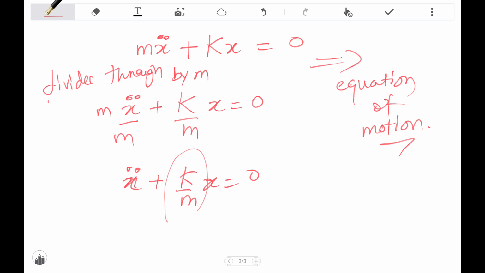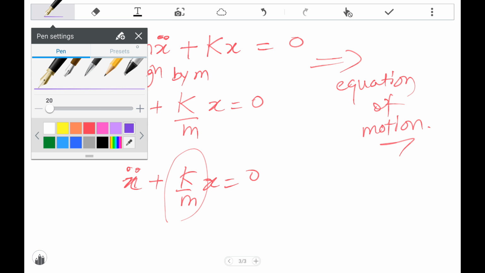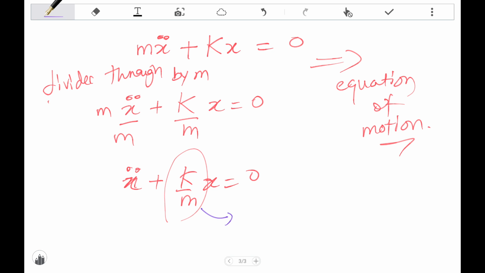So this here, this baby here, k over m, is your angular frequency squared.